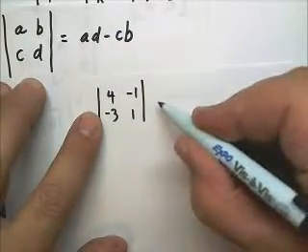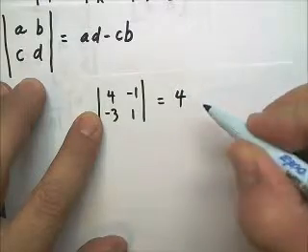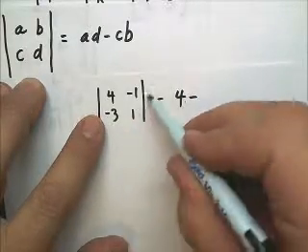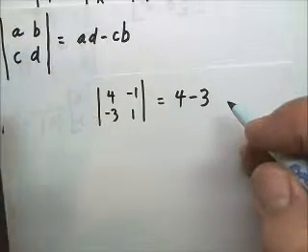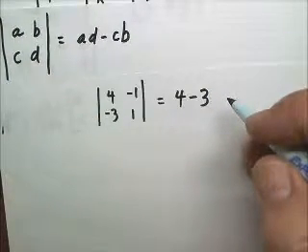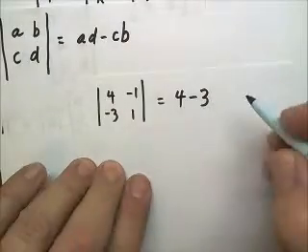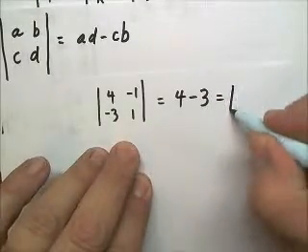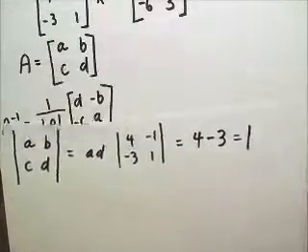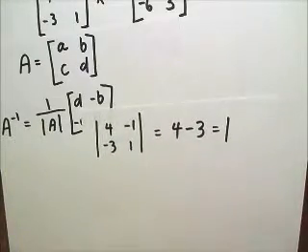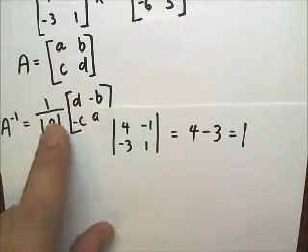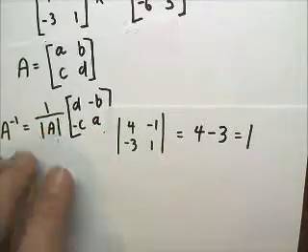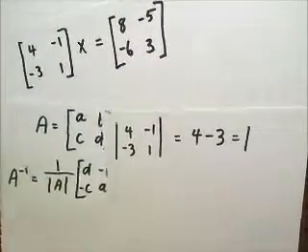So that's going to be 4 minus, and 3 times 1 is 3. So this determinant is equal to 1. Well, that really makes things easy, because see, the determinant of A is 1, so this matrix is just going to be multiplied by 1.